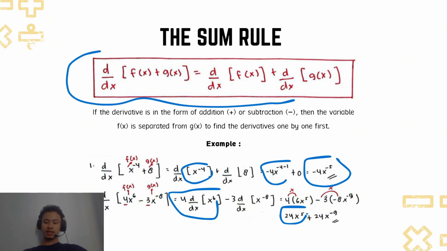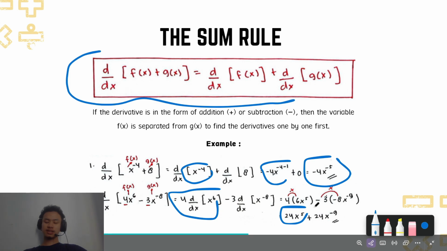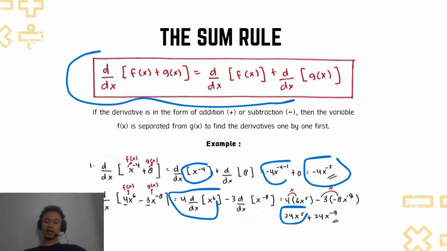And then the derivative of minus 3x to the power of negative 8 is negative 3 times the derivative of x to the power of negative 8. And then the result is 24x to the power of negative 9.